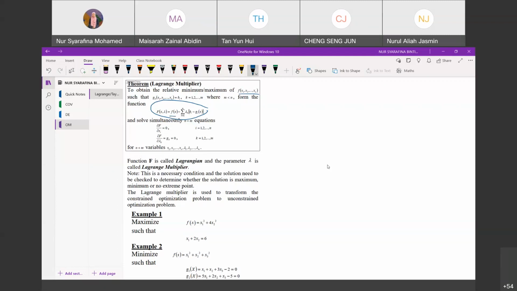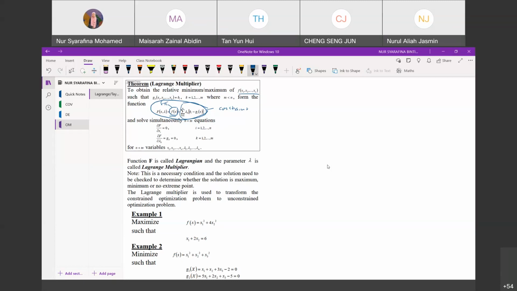This is for the constraint. This is for the function itself. Let's take a look at the example after this. And we can solve simultaneously n plus m equations here, del F del x_i up to del F del lambda_k.